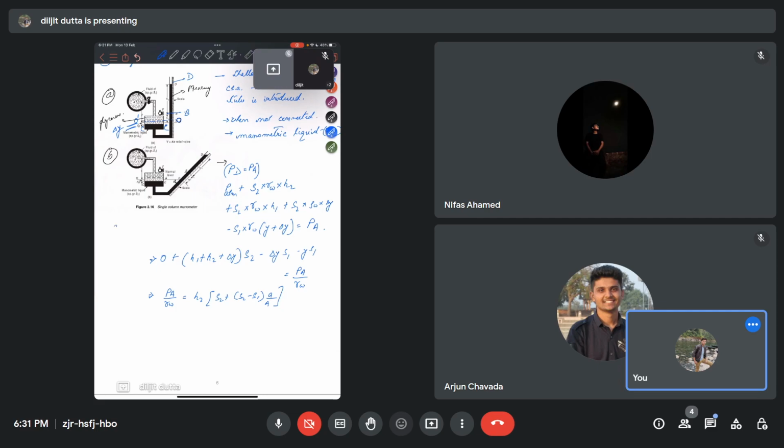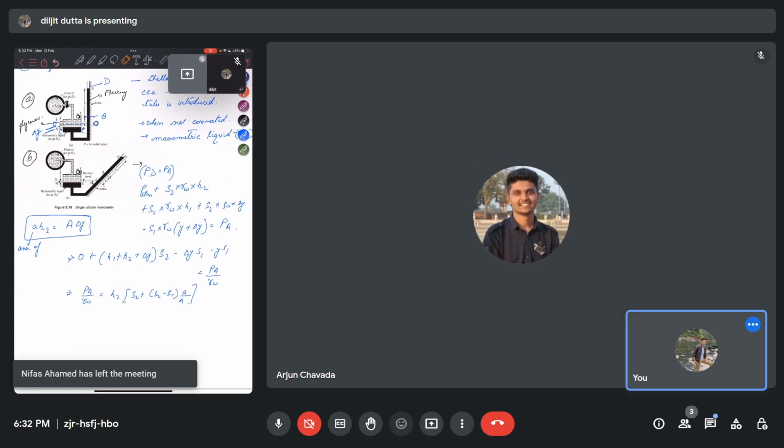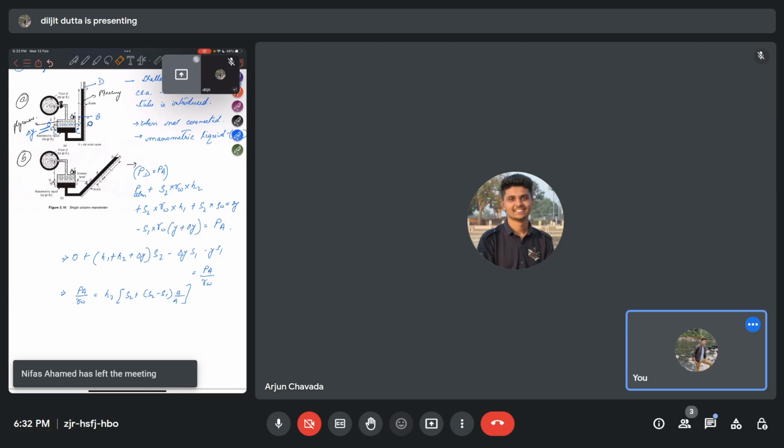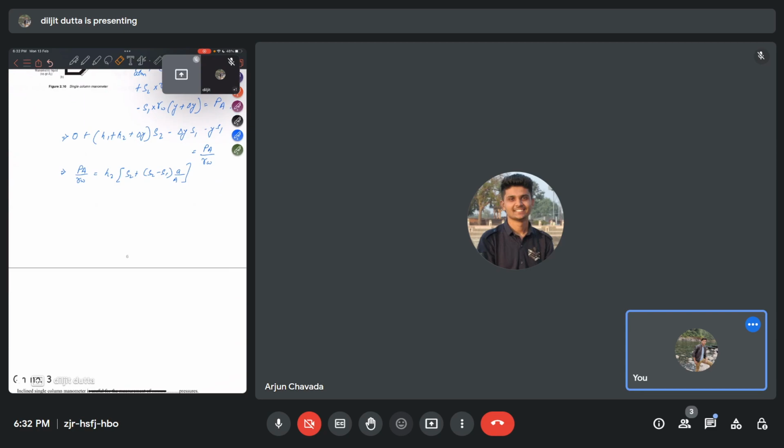So by conservation of mass, A into H2 equals a into delta Y, where small a is the cross section area of the column, and A is the cross section area of the reservoir.